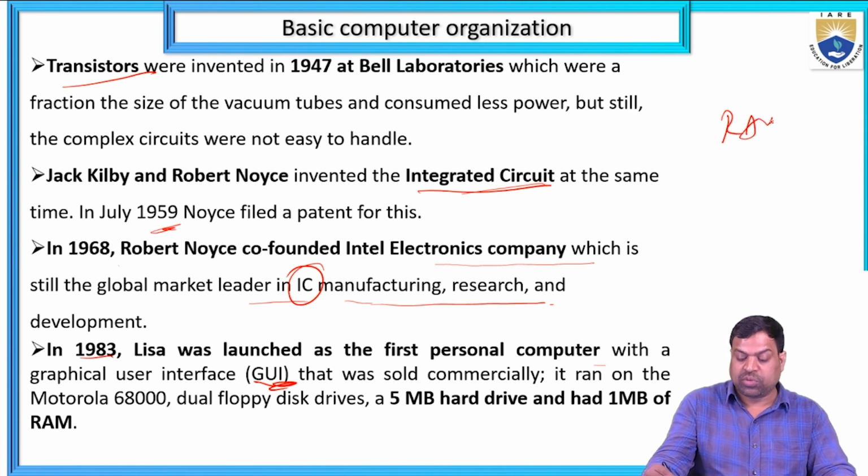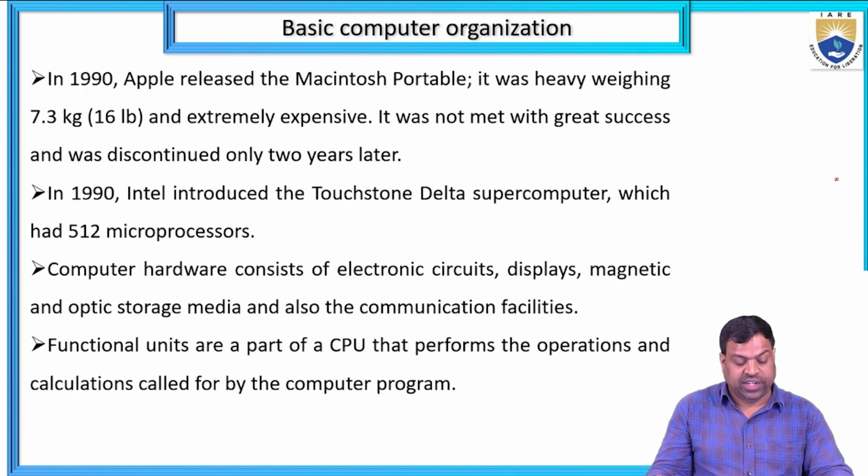It is a combination of RAM and storage: RAM is 1 MB, and the hard drive is 5 MB. It was launched in 1983. In 1990, Apple released a portable, heavyweight, 7.3 kg, expensive computer system, and discontinued it only two years later. Why? Because of its heavy weight and low compatibility.